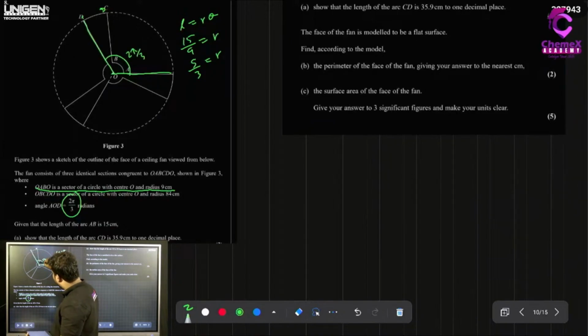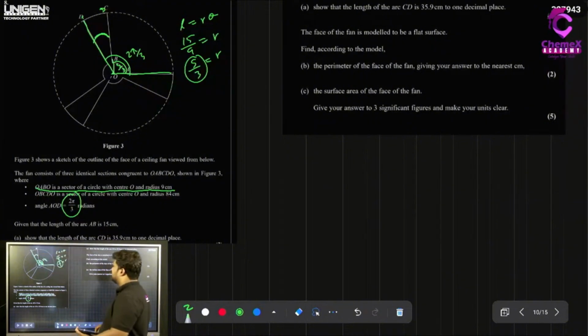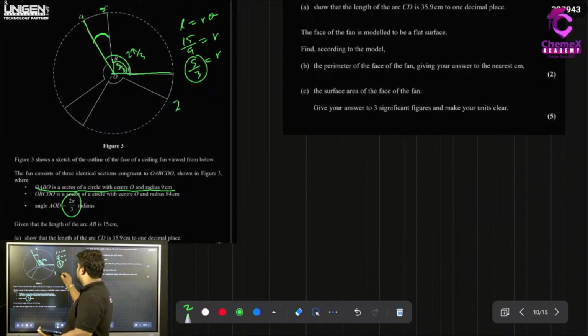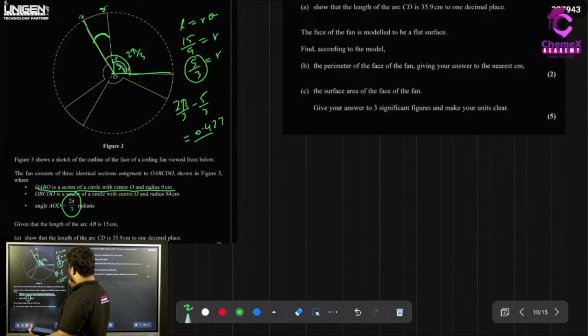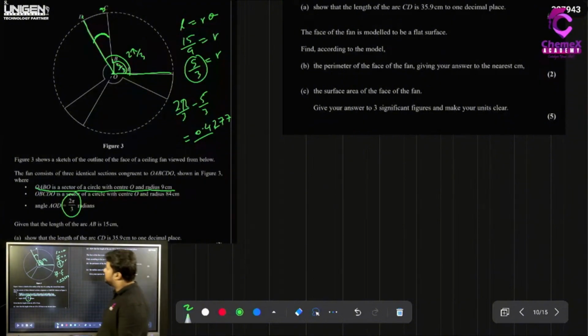We found that this small angle is 5 over 3. Then what is this small angle? What is it? 2 pi over 3 minus 5 over 3. What is that going to be? 0.4277 in decimals. Understood?